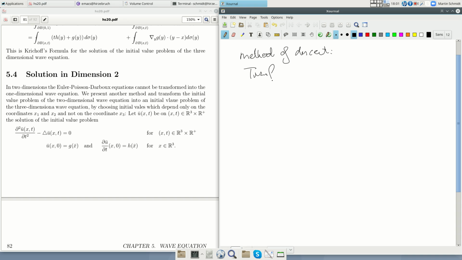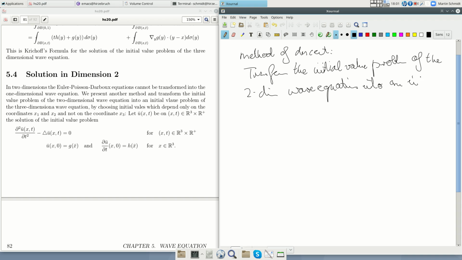So this means we transform the initial value problem of the two-dimensional wave equation into an initial value problem of the three-dimensional wave equation.